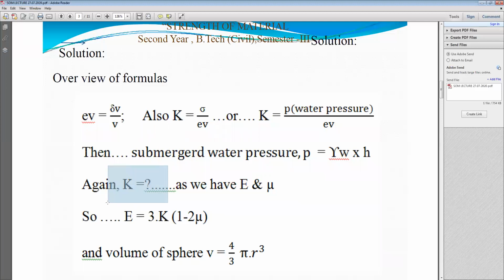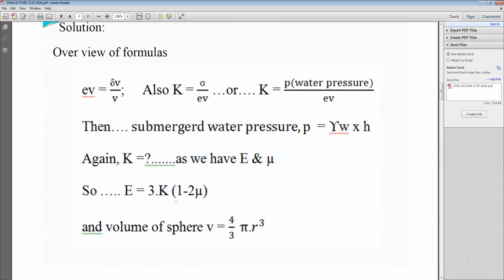We have to calculate the K. By using the capital E as well as the small mu, we can calculate the capital K. We use the formula capital E is equal to 3 into K into bracket 1 minus 2 mu.